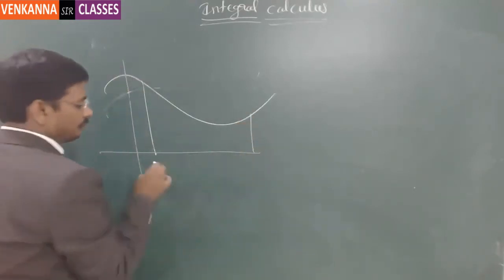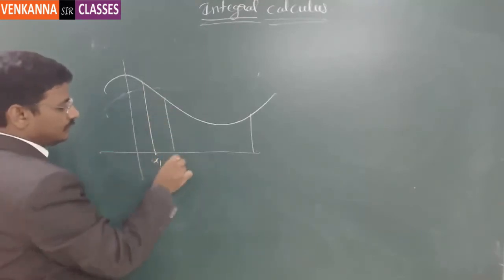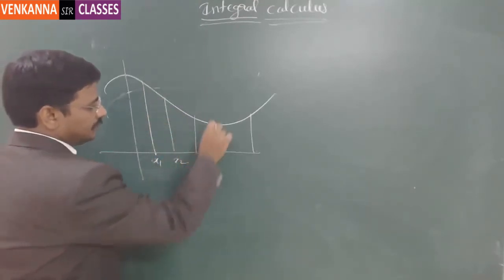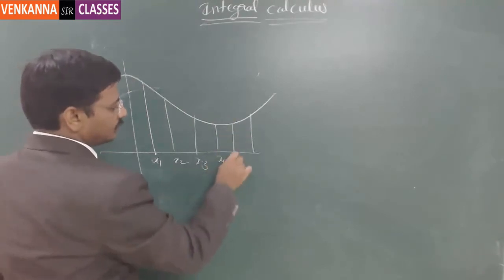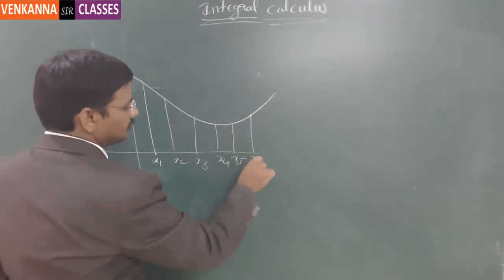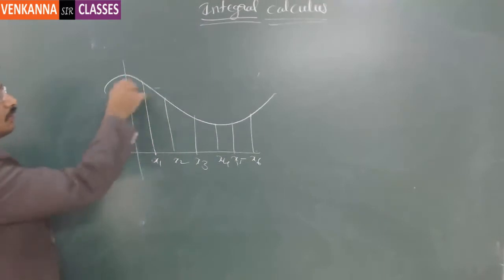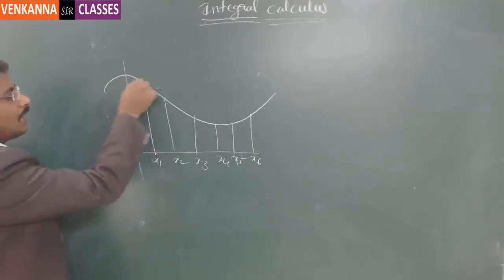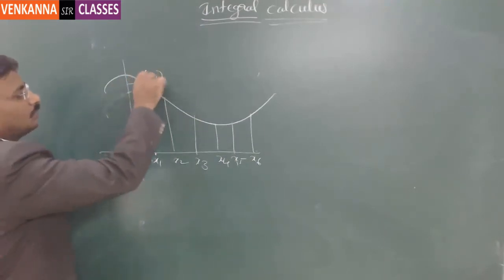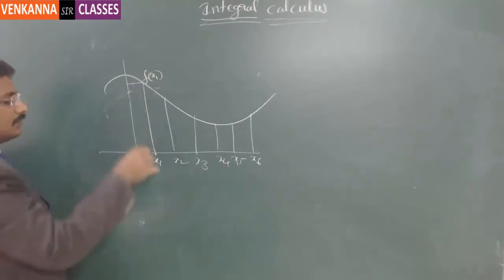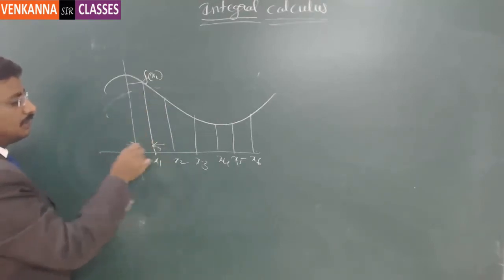This is x1, this is x2, this is x3, this is x4, this is x5 and this is x6. Now if you notice, when I took the area here, I took the f of x1 value multiplied by the dx value. So this is the dx value.